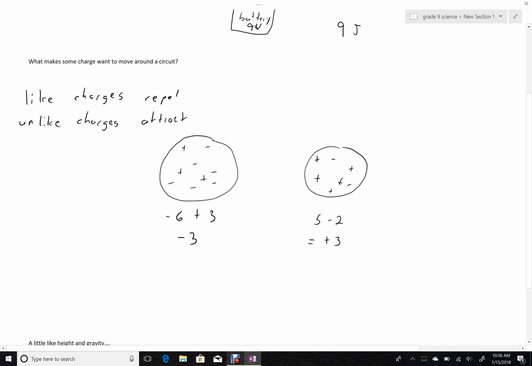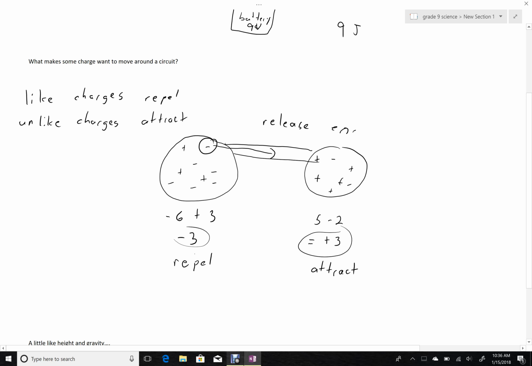So by creating these two regions where this one has a negative charge and this one has a positive charge, it means any one of these electrons, if there was a pathway between the two areas, would like to flow from this one, because this one's negative, so it repels, to this one, where it is attracted. It wants to flow, so if it moves from one area to another area, it can release energy as it moves from one to the other.